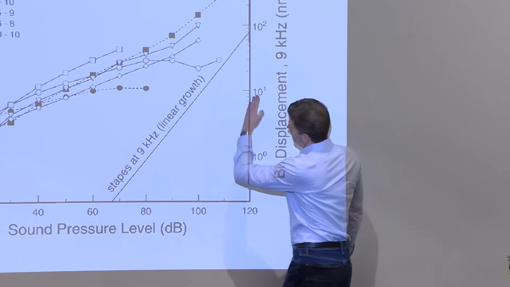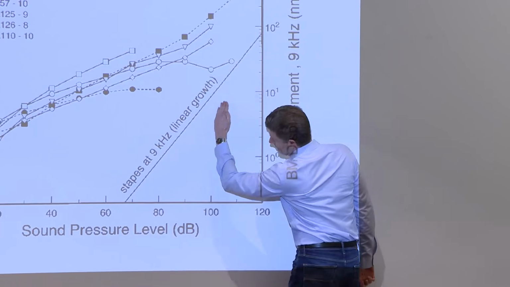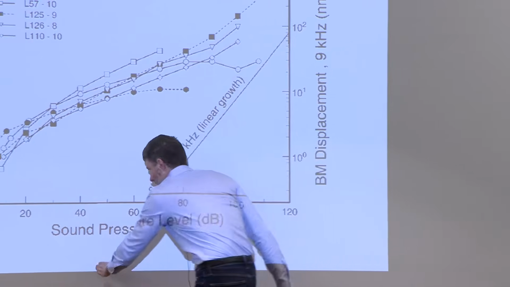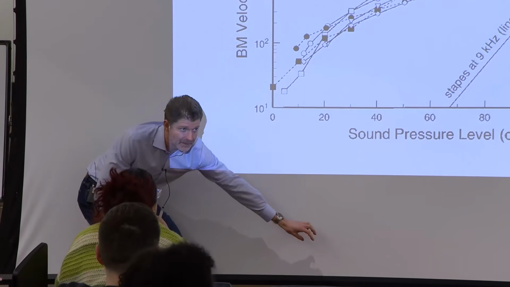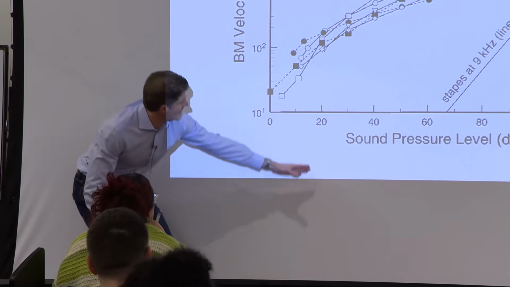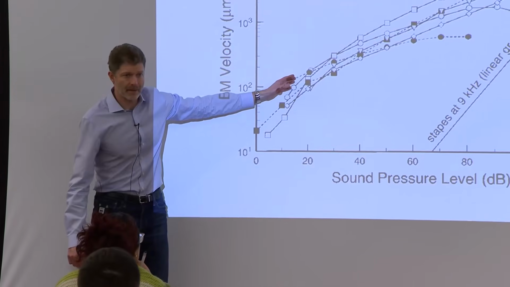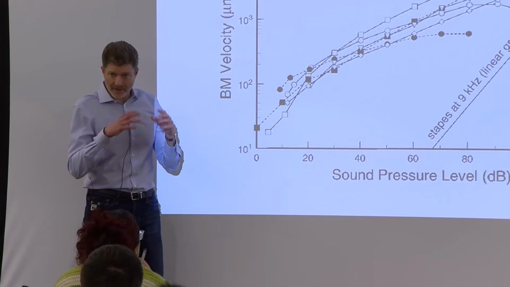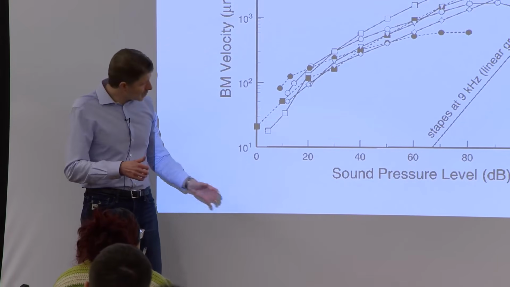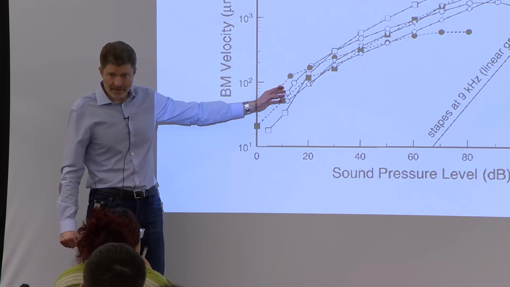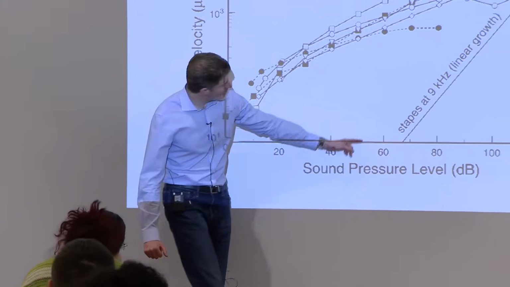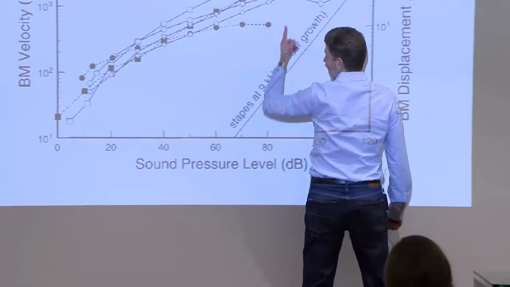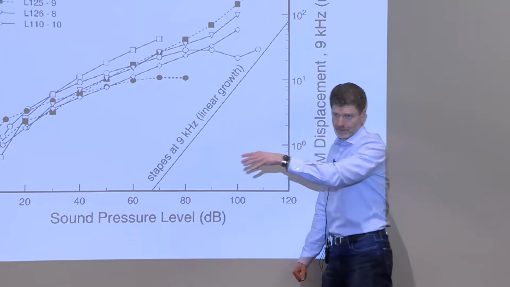But they diverge. So the point is that at the stapes, the response to these very low intensities is like off the graph, like down here. But the response of the basilar membrane is way up here. That's because you have this amplifier in your ear that's boosting the response to these low intensities. And it doesn't boost the high intensities nearly as much. And that's what gives you this compressive response function.